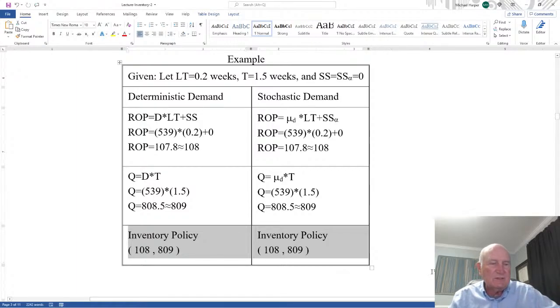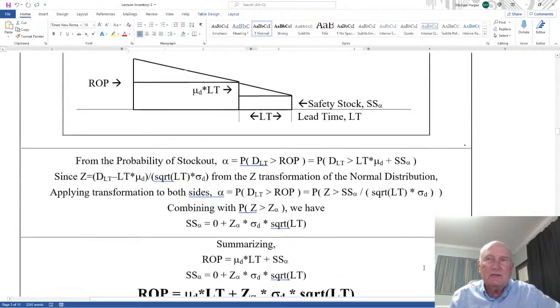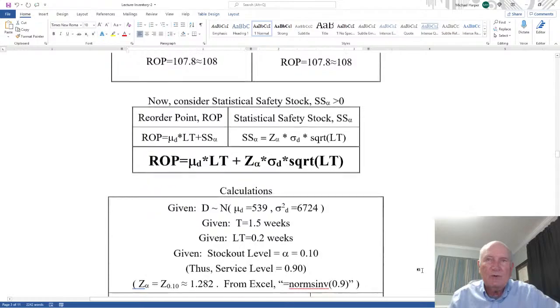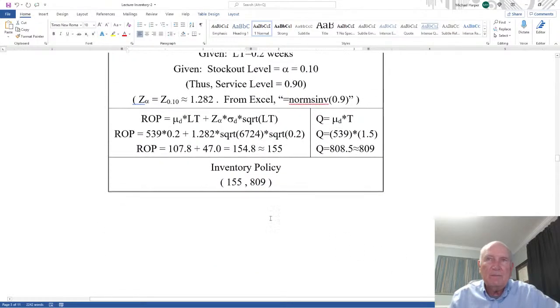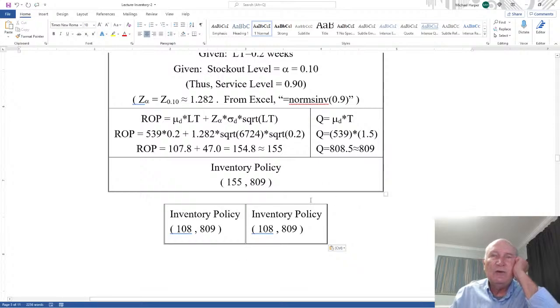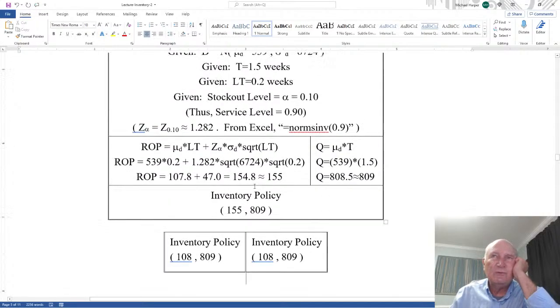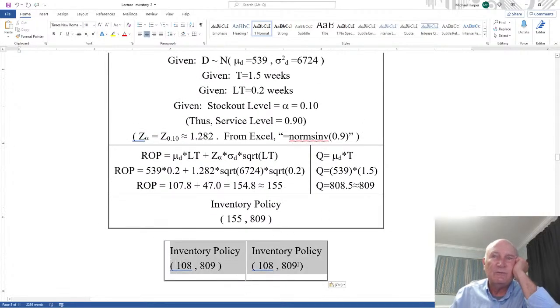Okay, so let me just copy this and bring this down here where we were. And there we are. And so let's paste this. Whoops, let me bring down, there we go. Now paste it. And notice that it's just 108,809. The 809 does not change.